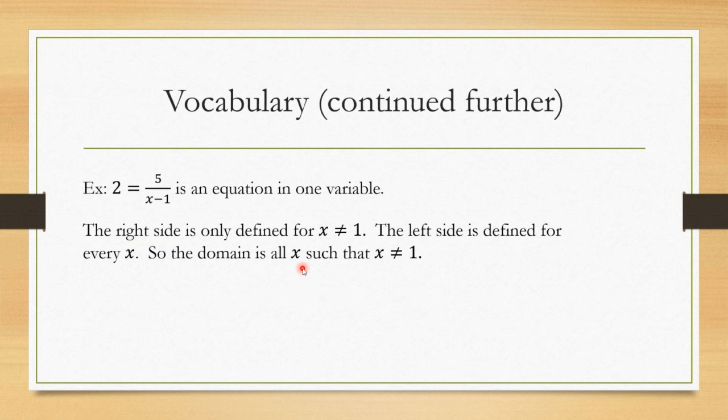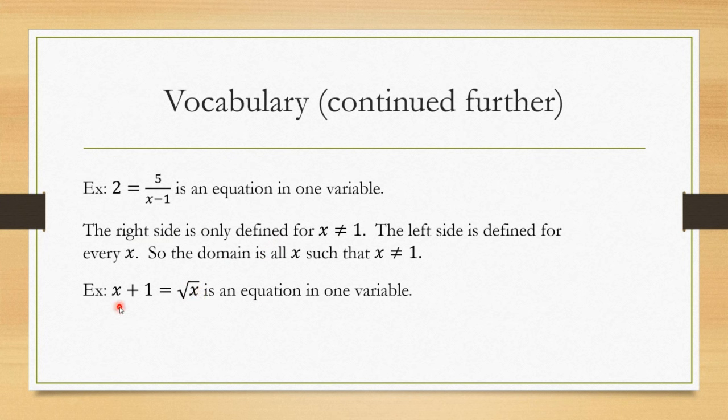So as another example, what about this equation? Well, as we saw last time with square roots, you can only take the square root of a number that's greater than or equal to 0. In this class, you can't take the square root of a negative number. The square root of a negative number is not defined.